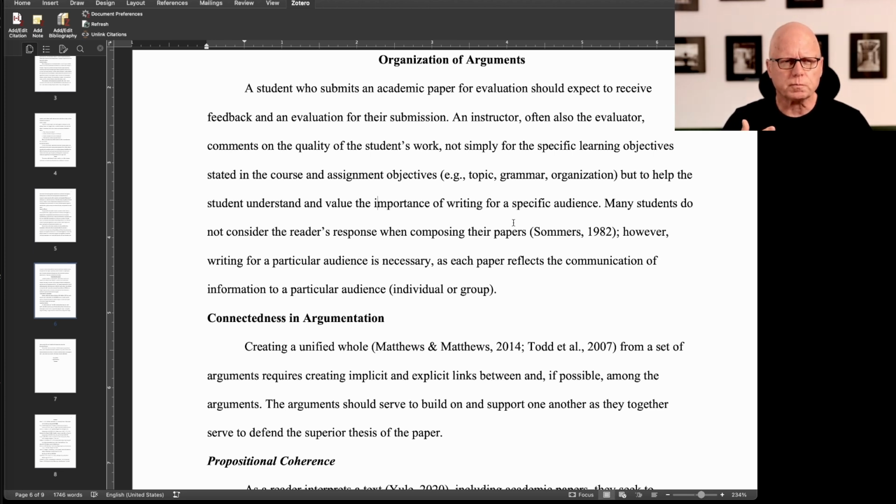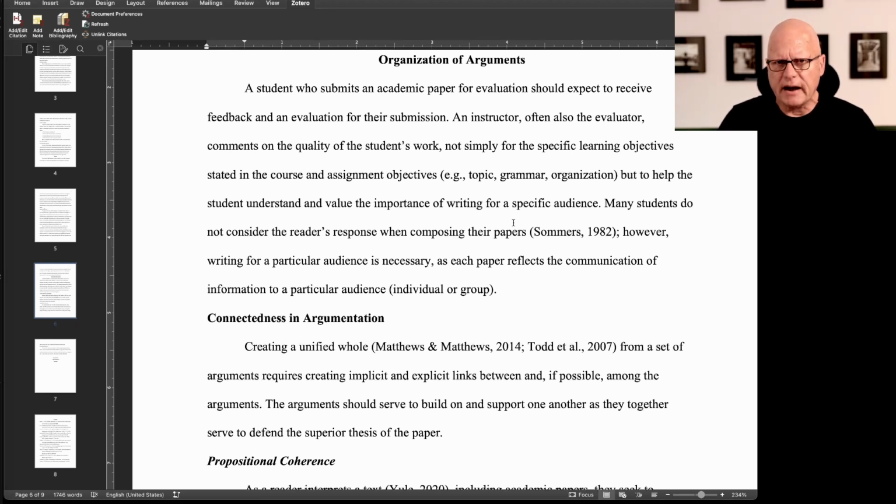And two, some type of an evaluation, either a grade or a check mark indicating completion of a requirement. In either regard, both of these, the feedback and the evaluation, are vital to a student's succeeding in a course that requires written papers.